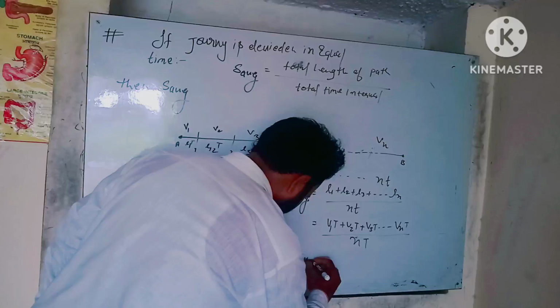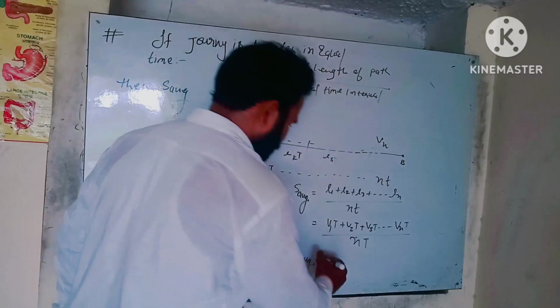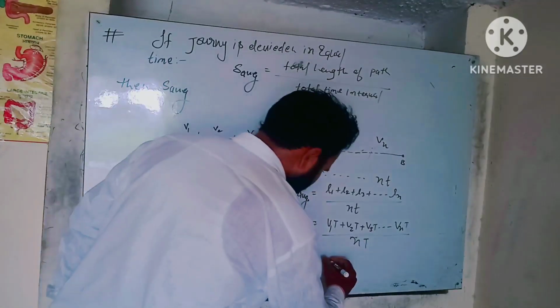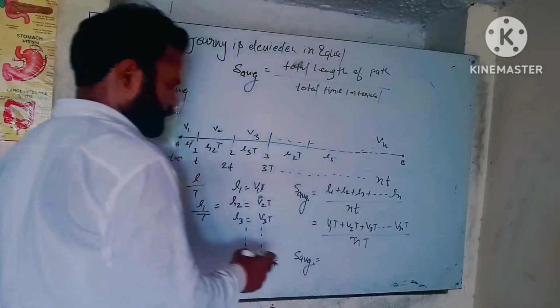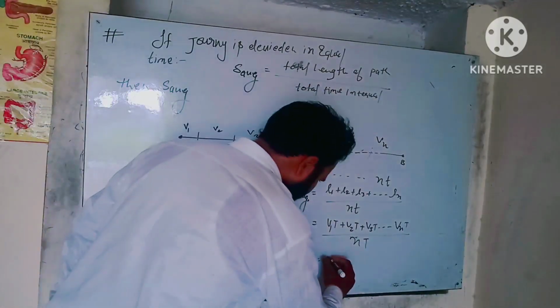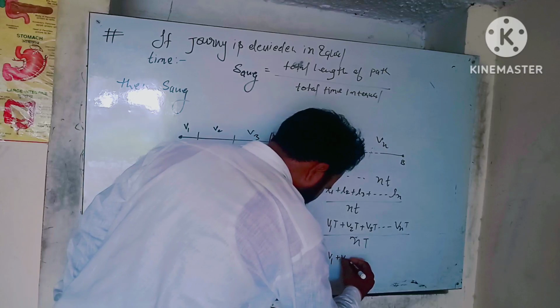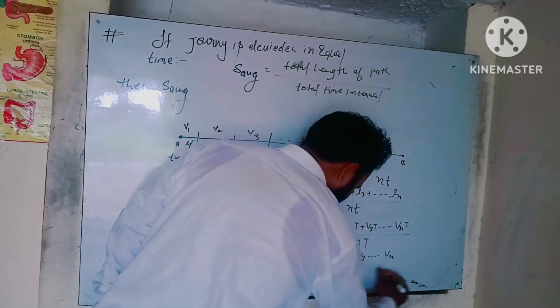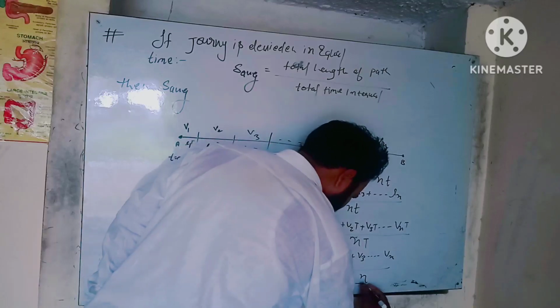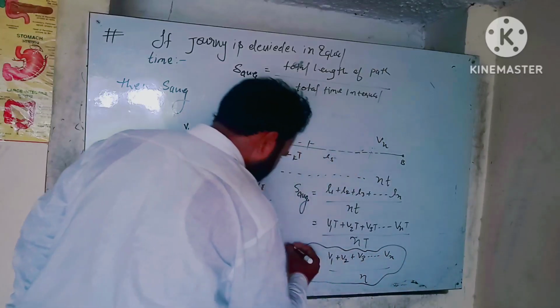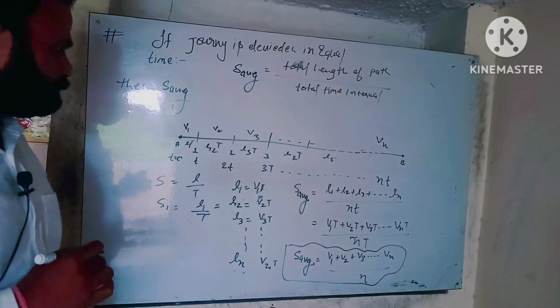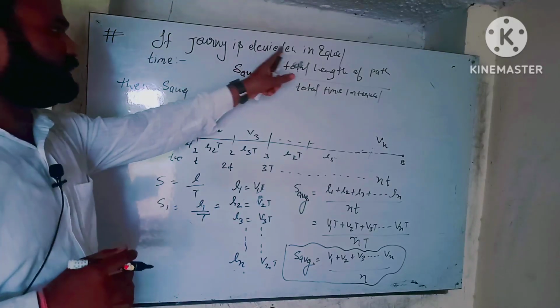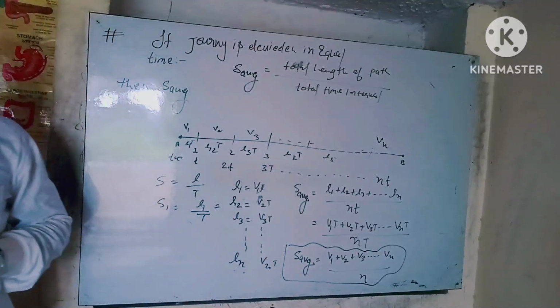Here t is common and cancels out, so we find S average equal to v1 plus v2 plus v3 dot dot dot vn divided by n. That is the average speed when the journey is divided in equal time. Okay students, note it.